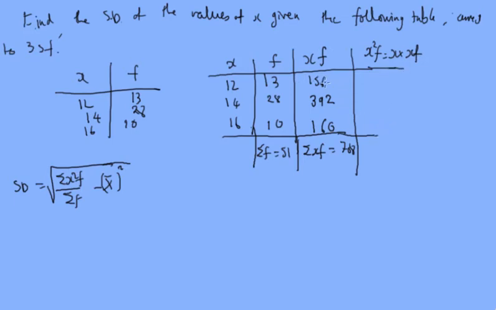So we multiply xf by 12 to get 1872. This one will be 14 times 392, which gives us 5488, and this is going to be 16 times 160, which gives us 2560. And now we want to sum these.